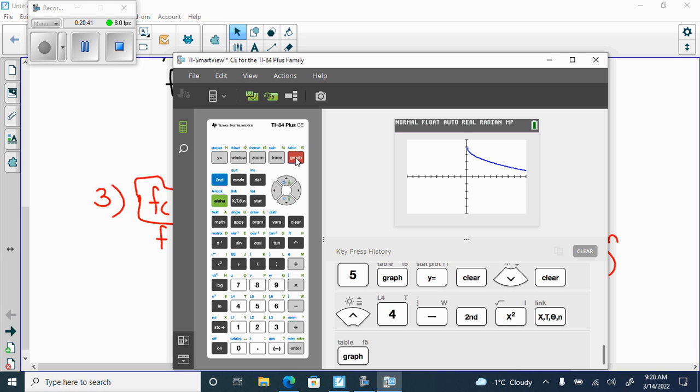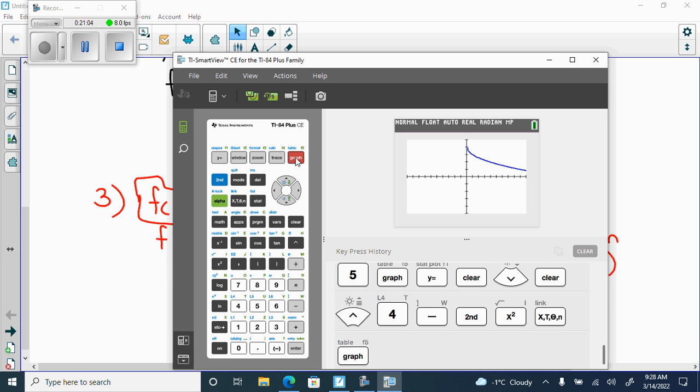Is there going to be a max or a min here? No, not an absolute. Is it closed or open on the original? Isn't that open? No, because it can be greater than or equal to 0, right?